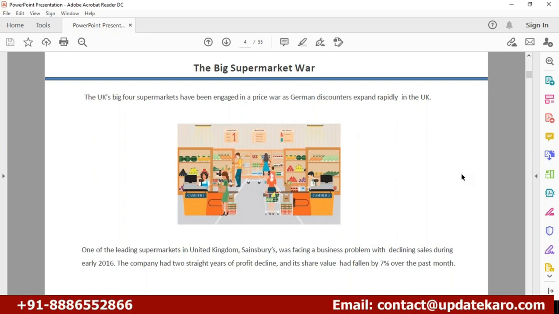It is written here that the UK's 4 big supermarkets have been engaged in a price war as German discounters expanded rapidly in the UK.